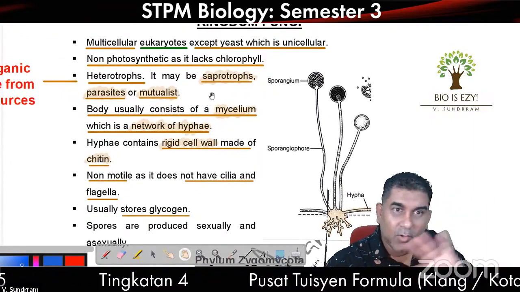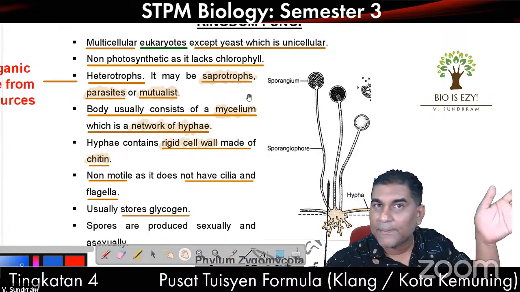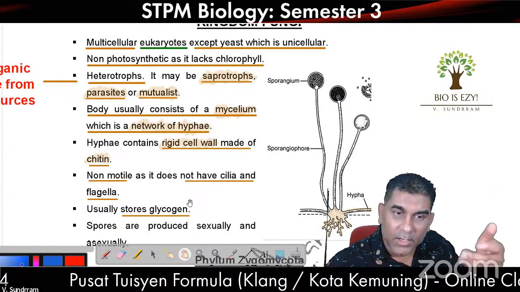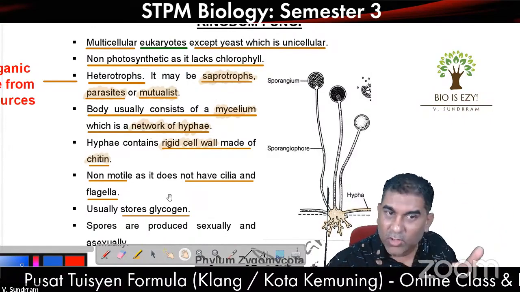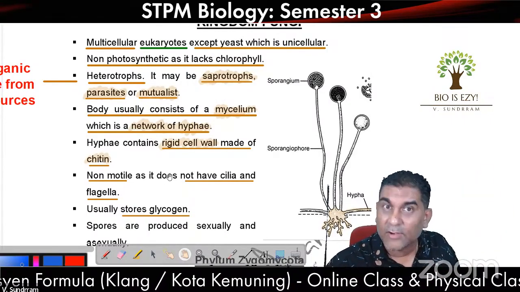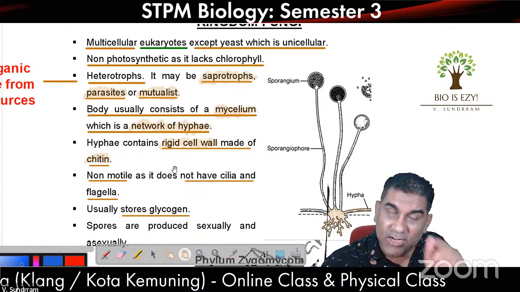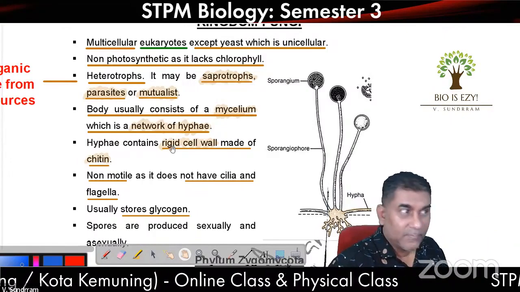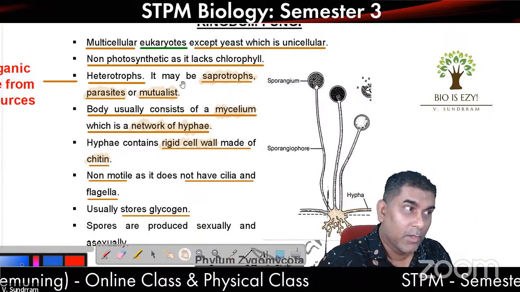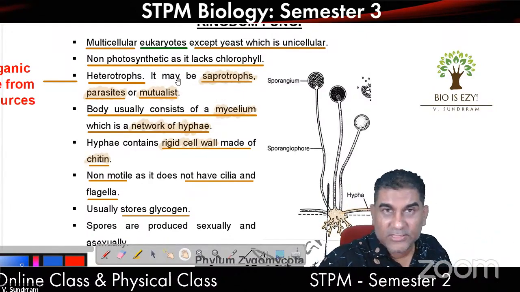Eukaryote, no photosynthesis, heterotroph, hyphae become mycelium, cell wall of chitin, cannot move, you can repeat all of this for Zygomycota. That's already around 4 marks. What else is extra for Zygomycota? An example of Zygomycota is Mucor. You take bread, you leave it outside the house for a few days.